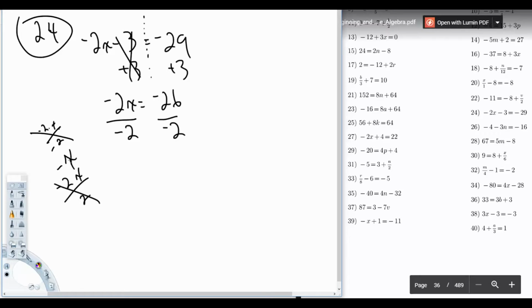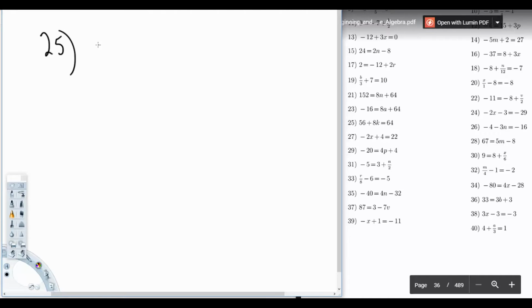I don't want a negative x. I want just x. Minus 2x divided by minus 2 equals x. When you divide a negative by negative, you get a positive. Equals minus 26 divided by negative 2 equals 13. Is that the answer? Yes, it is.